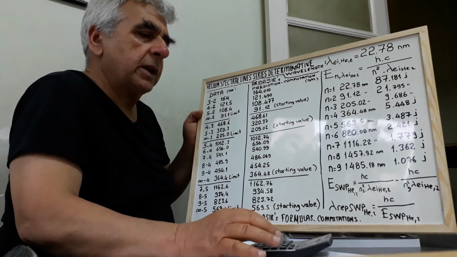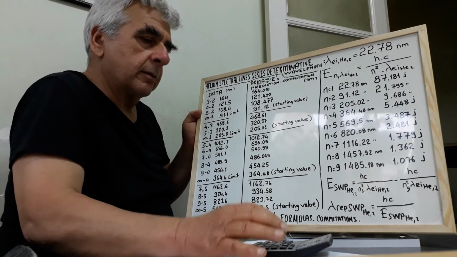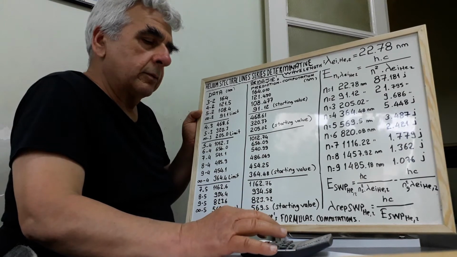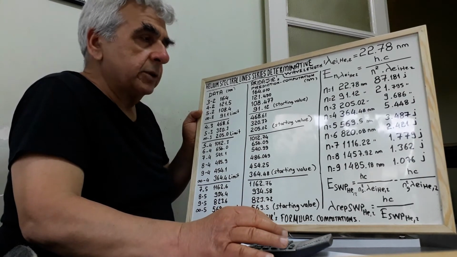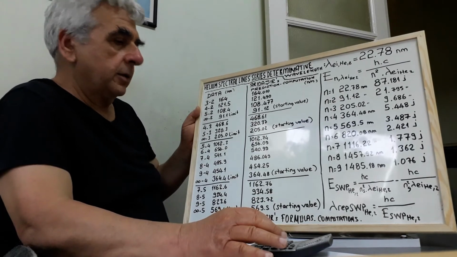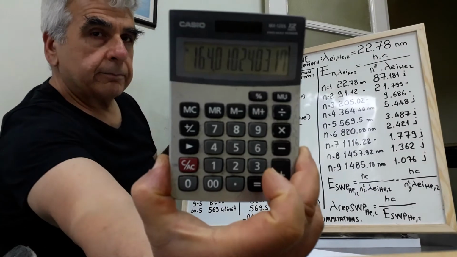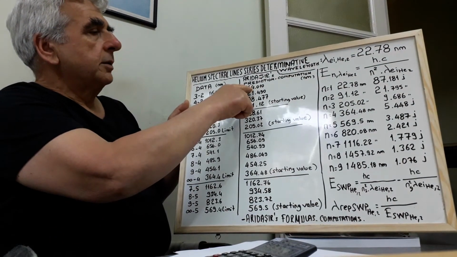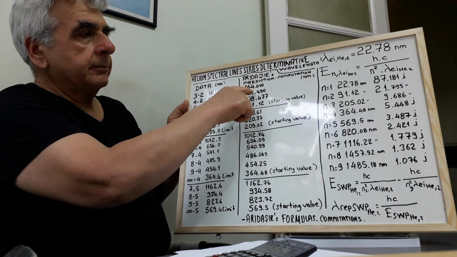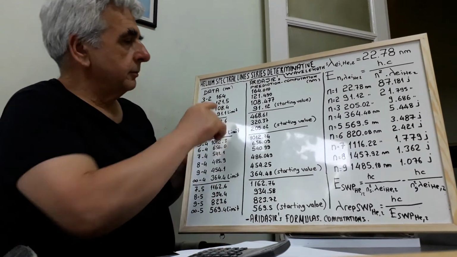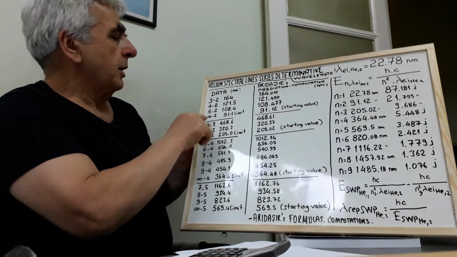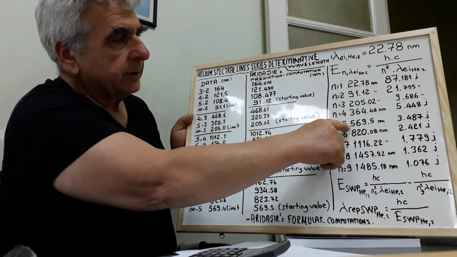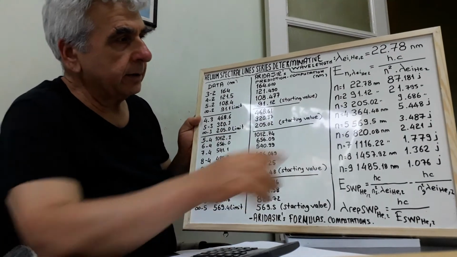Equal to 12.109, 1986 divided by 12.109 equal to, yes, here, 164. Almost same.